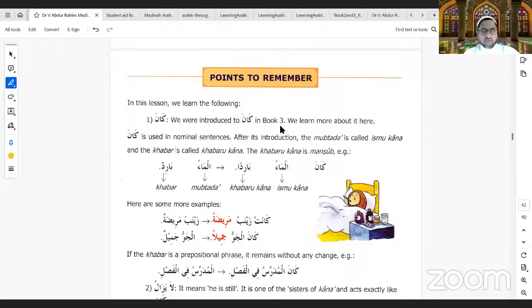I can't find Kana at the moment, so in book 4, let's go back to it. Kana itself comes in the meaning of "was". When you say al-ma'u baridun, the water is cold, this is present tense. And when you say kana al-ma'u baridan, it means the water was cold. So that's the difference between the two.